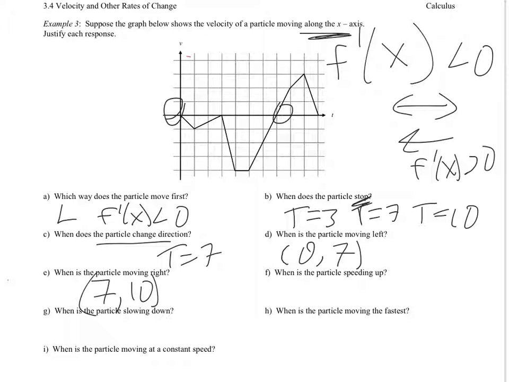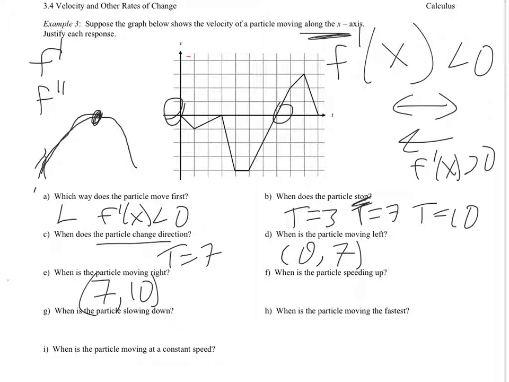So mathematically, we're trying to compare the first derivative and the second derivative, and when those are the same sign, it's speeding up because they're not fighting each other. Remember, we talked about the ball getting thrown up in the air, and at that moment in time when it's at its peak, it's not moving at all, it's hanging. So it starts off getting thrown up, and the speed is decreasing until it hangs at that moment in time.